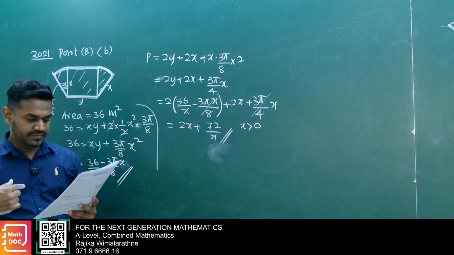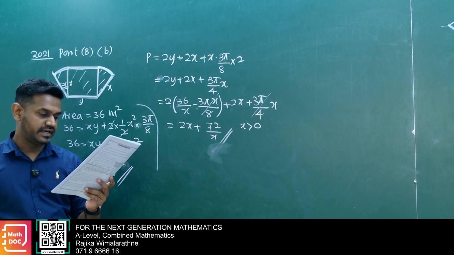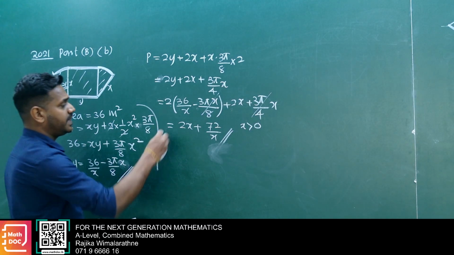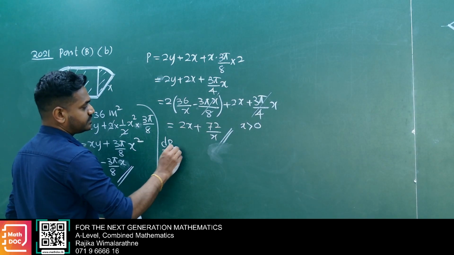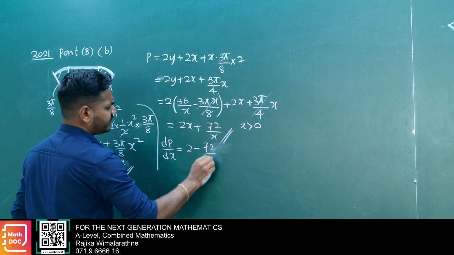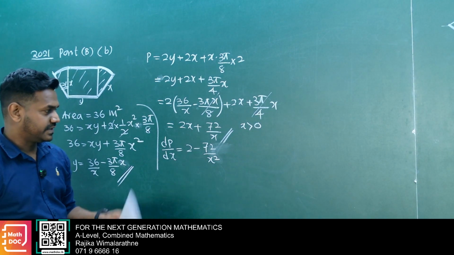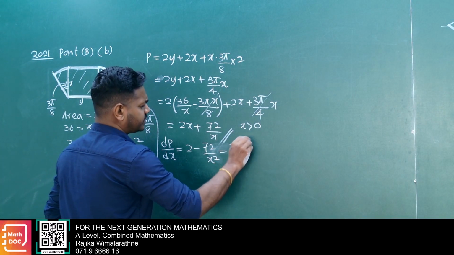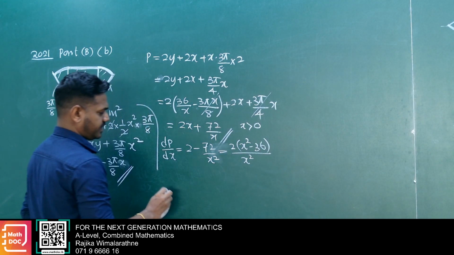Now we have to minimize P. Differentiate: dP over dx equals 2 minus 72 over x squared. Simplify, take 2 outside: 2 times x squared minus 36 over x squared.